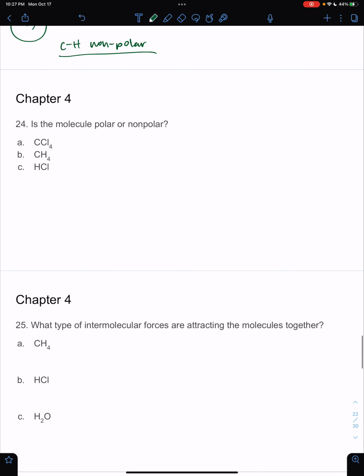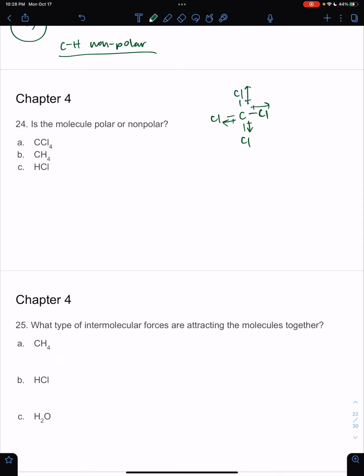Okay, moving on to this question. She's going to give you a molecule and ask you if it's polar or non-polar. So looking at CCl4, we've seen this one before. It's a carbon with 4 chlorines on each side. So this one is going to have 4 dipoles that are all equal. They're all the same bond, a carbon single bonded to a chlorine.